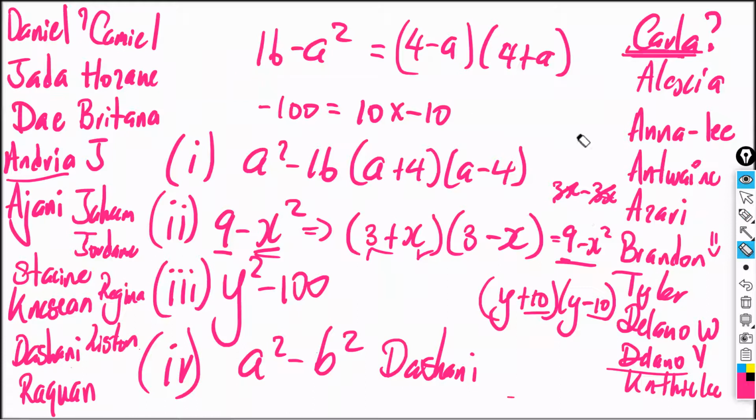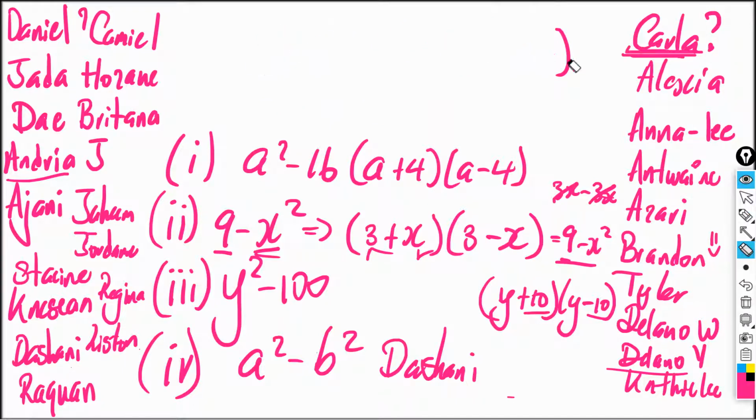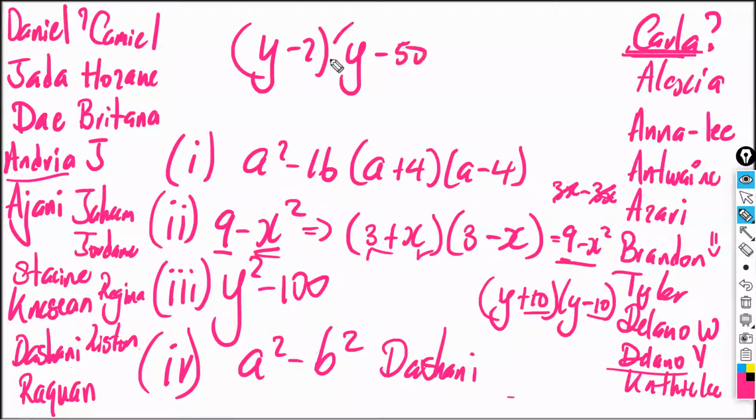But let me explain what I mean, though. So Delano, let me show you up here. If you put y minus 2 times y minus 50, this will give you something in the middle. Y times y will give you y squared. Y times negative 50 will give me minus 50y.